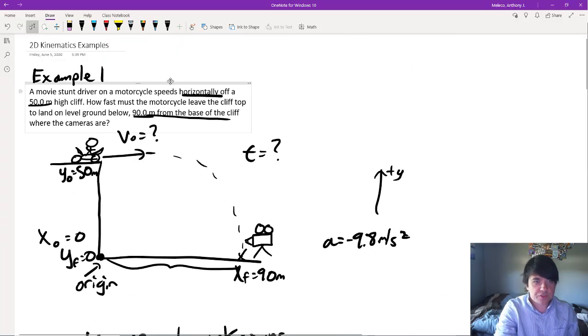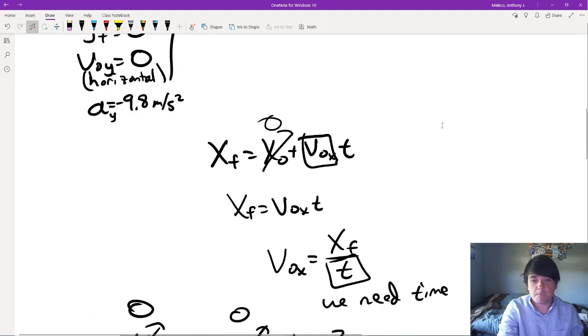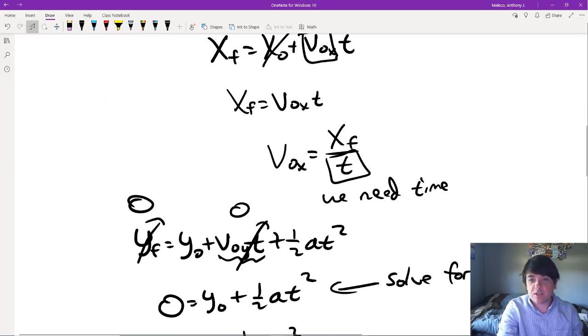So let's just real quick do a summary of this guy. So we had this problem, which we drew out, and we needed the v naught off the cliff, which we surmised, because of the word horizontal, is equal to v naught x. So we needed to solve v naught x. The only useful equation that has v naught x in it for us right now was this one. We solved it, realized we need time.